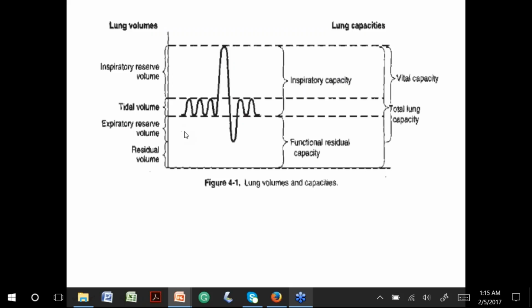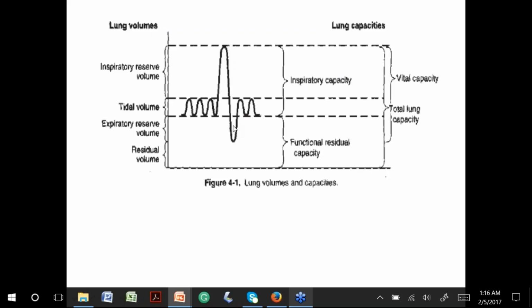Later on we are going to explain that the expiratory reserve volume is the one that keeps maintaining the oxygenation of the blood even when we are doing, for example, expiration. And remember, knowing the lung volumes, we are going to be able to differentiate between restrictive and obstructive pulmonary disease.